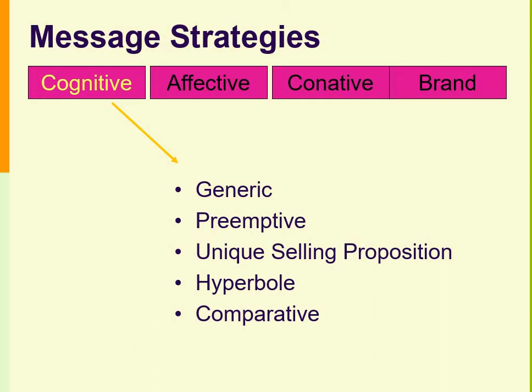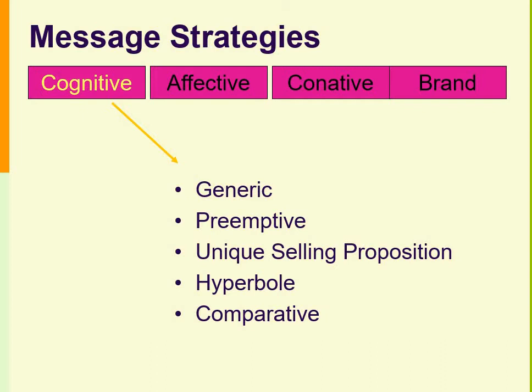So these strategies are supposed to hit the respective component of the attitude. The fourth type is the brand message strategies, which are more focused on projecting the brand, the user of the brand, the usages, and so on, right?